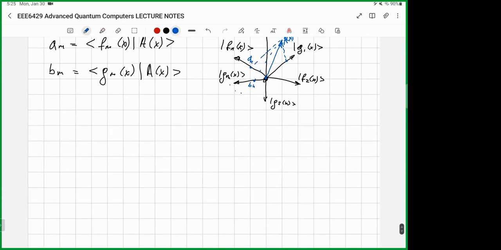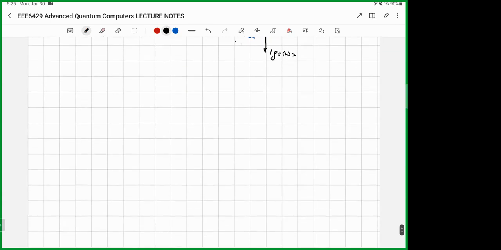Very good. So this is about the vector function space, and why we use this bra-ket notation and why it's so convenient for us. Now at this point, we can introduce the concept of Hilbert space.